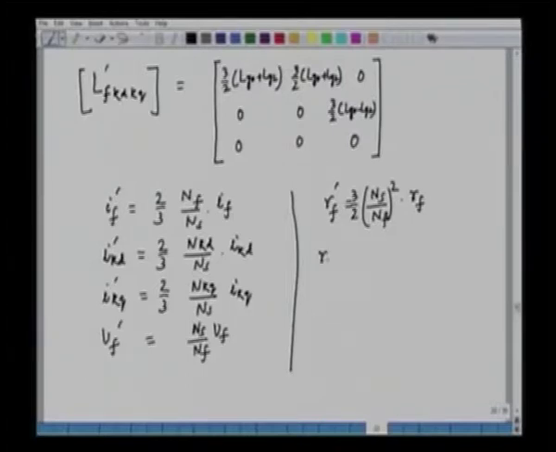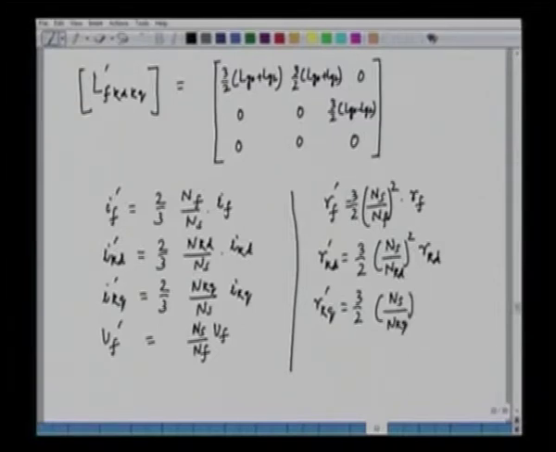Similarly, Rkd prime is equal to 3 by 2 times (Ns by Nkd) whole square times the actual damper winding resistance in the d axis, and Rkq prime is equal to 3 by 2 times (Ns by Nkq) whole square into Rkq, where Rkq is the damper resistance in the q axis.